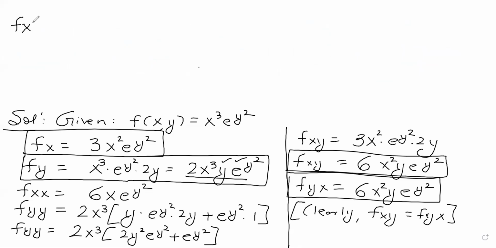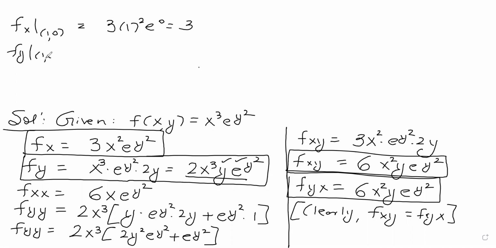So fx at 1, 0. Let me correct myself, the x and y coordinates in the question are 1, 0. So fx at 1, 0 will be 3 times 1 square e to the power 0, which is 3.